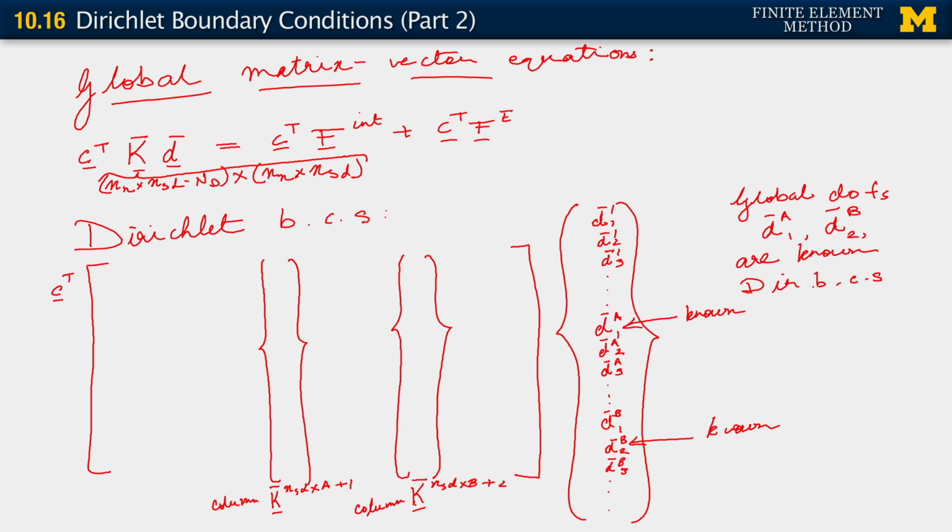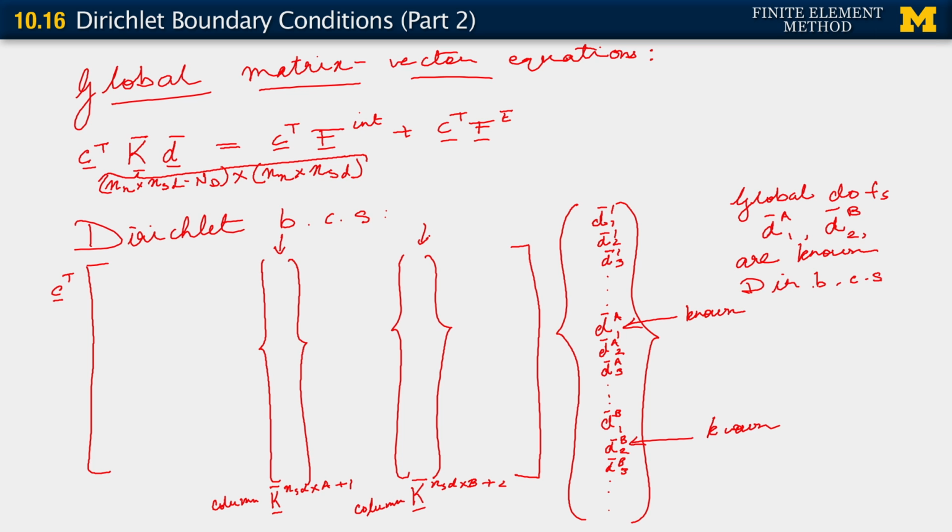Since D bar A1 and D bar B2 are known, we do just what we've done before, which is to account for the fact that these columns multiplied by those known degrees of freedom can be moved to the right hand side.